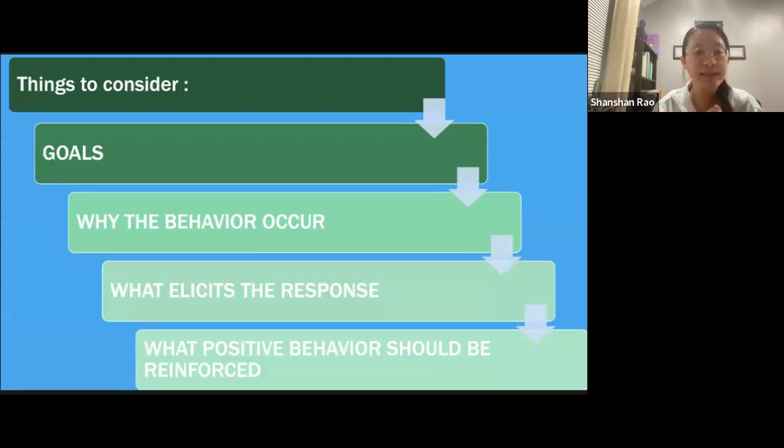And the fourth one is, in the process of doing that antecedent intervention, what kind of positive behavior we can reinforce on the side to promote more desirable behaviors. Those are all factors that we can consider while using proactive strategies. Because proactive, think about it, is tracking down solutions and reasons so we can prevent the behavior from happening.